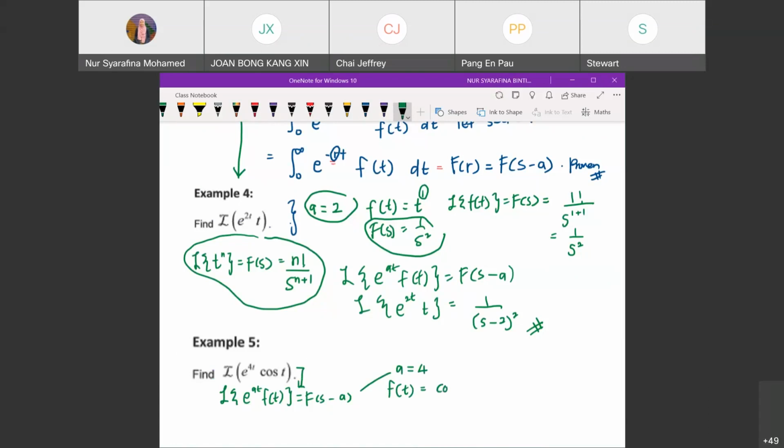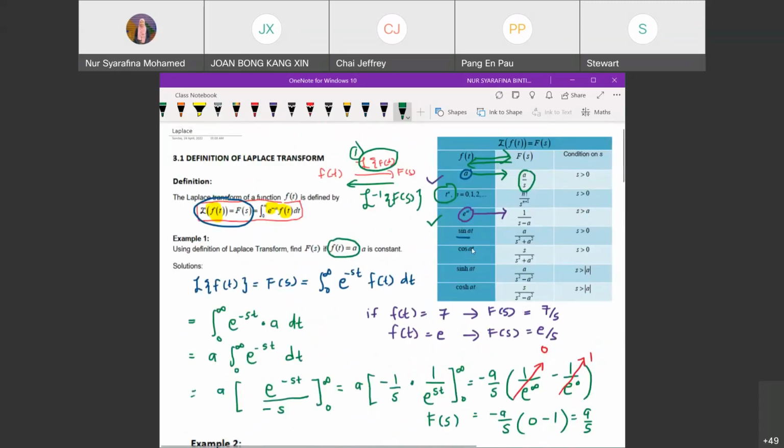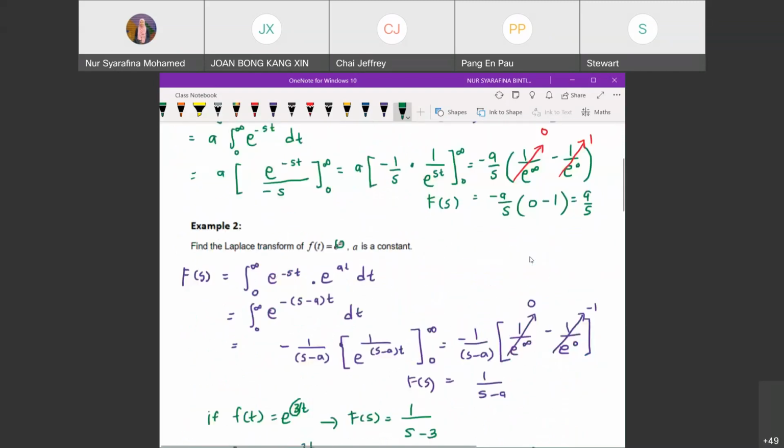f(t) equals cos t. So when f(t) equals cos t, then you can transform f(t) to get F(s), because we want to have F(s minus a). So f(t) equals cos t, F(s) equals what from the table of transformation? f(t) equals cos t, then the transformation becomes s over s squared plus a squared, and a here is 1, right?